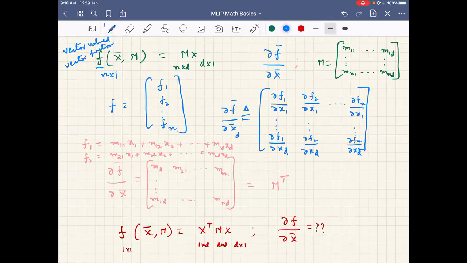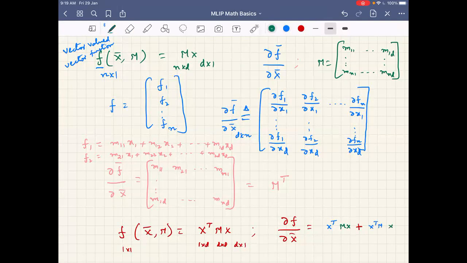So I should use the UV formula, but tell me how should I use it? X transpose differentiation into Mx, plus X transpose into Mx differentiation. Okay, fine, good. So I'm writing that. What he has said is X transpose M into X.